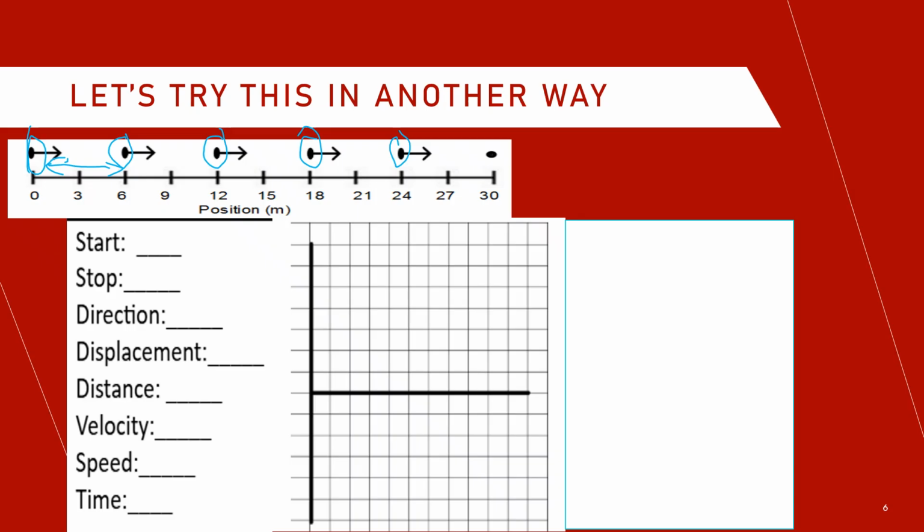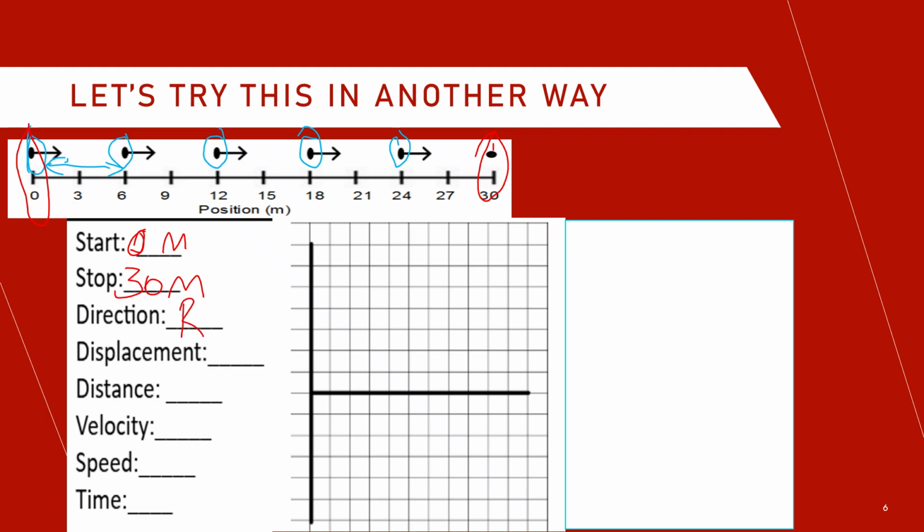And we have an initial starting point at 0 and an ending point at 30. Okay, so let's write these down. My starting point was at 0 meters. My stop was at 30 meters. My direction is to the right.